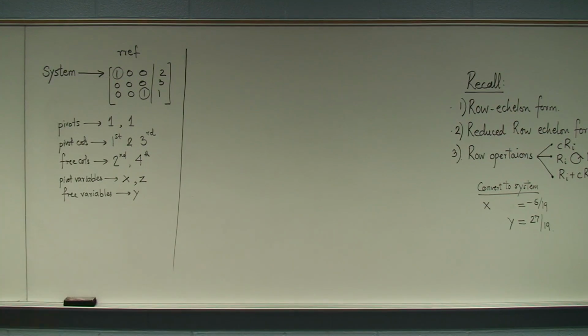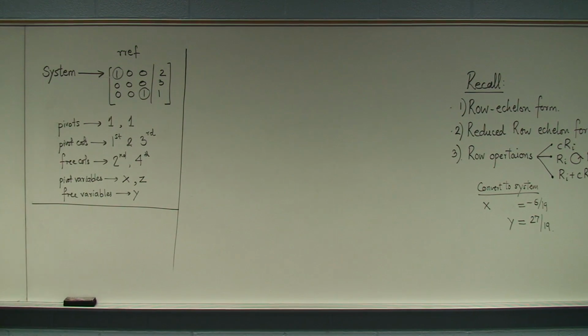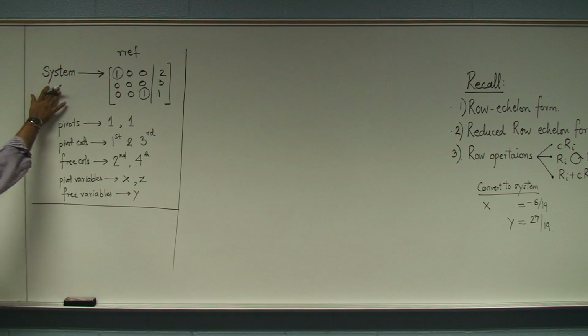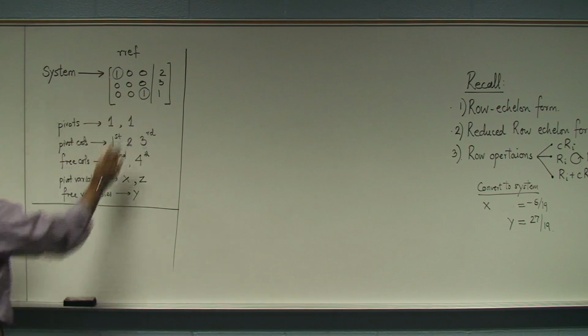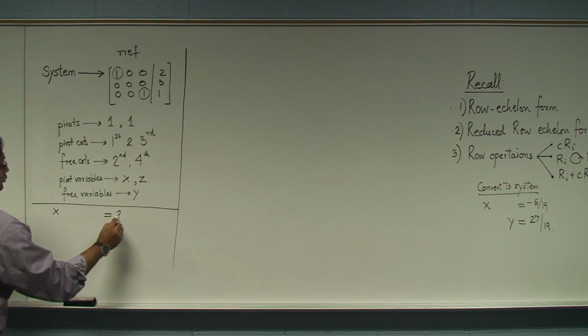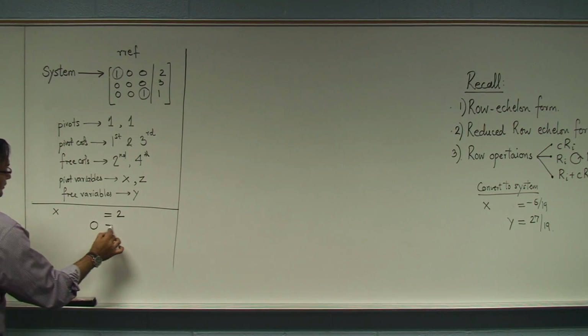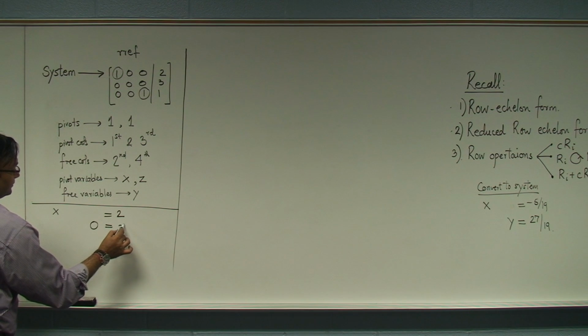Now once this is clear to us, let us see what would be the system of equations which would correspond to this row reduced echelon form. So whatever system I started with, it gave me this row reduced echelon form. So this will tell me x is equal to 2. The second equation will be what? 0 is equal to 3.